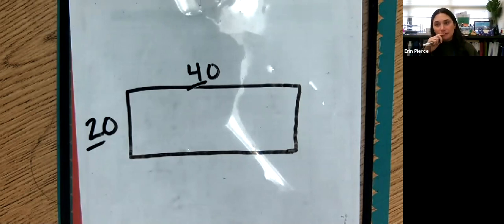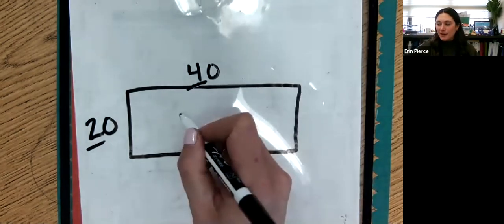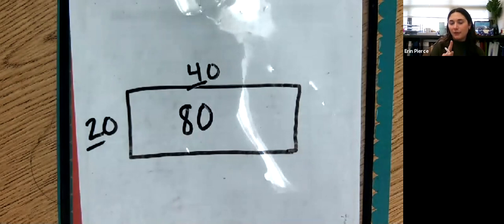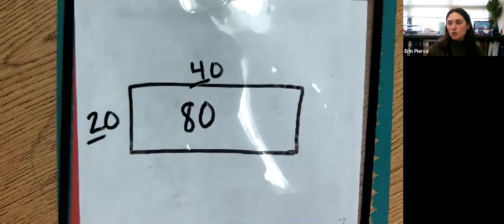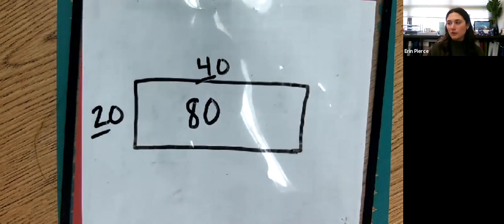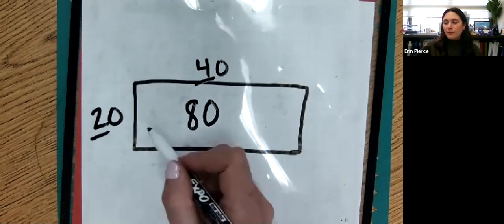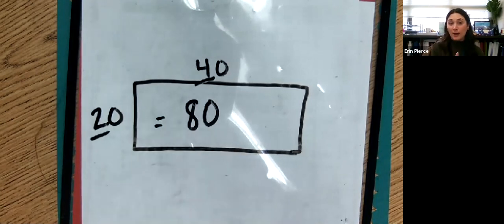Okay. I see, thank you. I've seen most of yours, Hank and Kira and James and Charlotte, Olive, Eliza, Mason. Okay, we've all come up with the same answer. However, I want you to think about this. Look at my screen and see 20 times 40 equals 80. That is not quite correct.